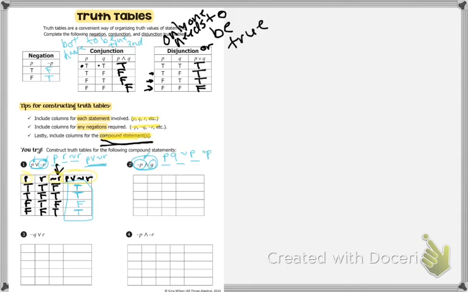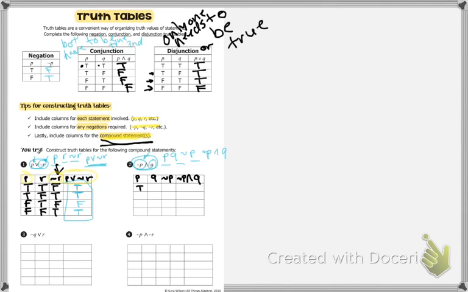Not P and Q. So let's fill in. We have P, we have Q, we have not P, and then we have not P and Q.